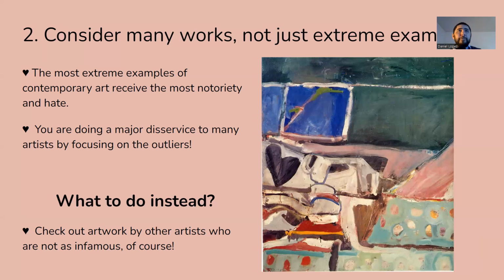And later, after that body of work, he did an exhibition of flowers, and people protested that. So things like that happen where they take the most extreme example of an artist and make a blanket statement, point one, but they don't consider the other things that this person does.